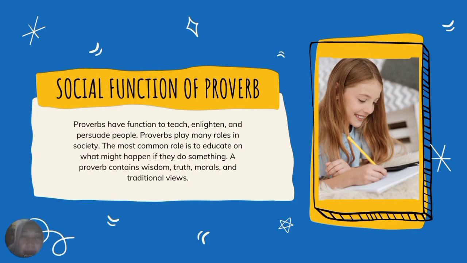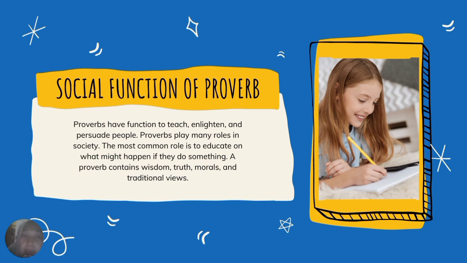Next, let's go to the second part about the social function of proverbs. What is the social function of proverbs? Proverbs have the function to teach, enlighten, and persuade people. Proverbs play many roles in society.